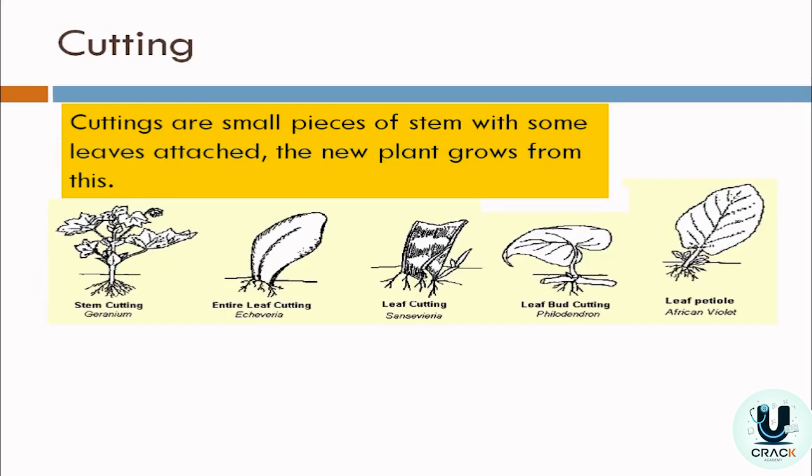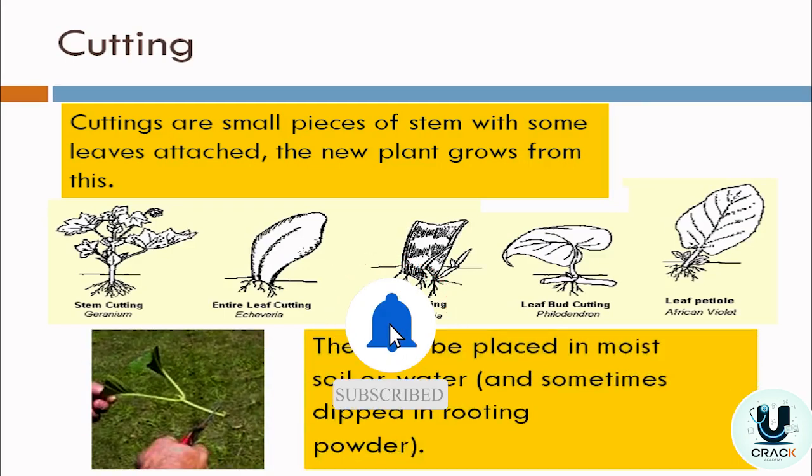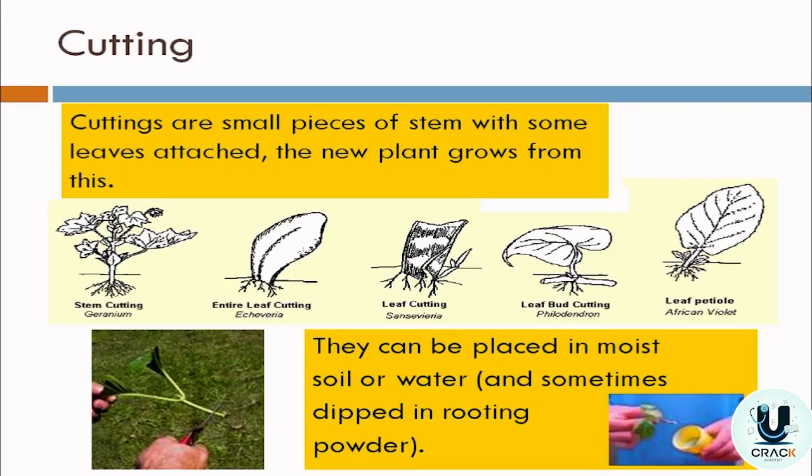Second one, entire leaf cutting. Third one, leaf cutting only. Leaf bud cutting. Leaf petiole, how it is growing. They can be placed in moist soil or water and sometimes dipped in rooting powder. It's a powder.